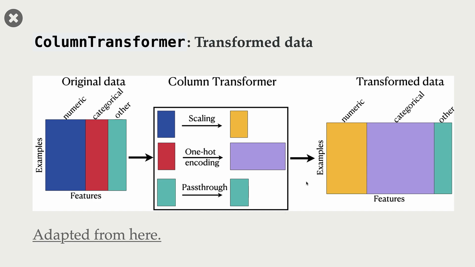So these all things are happening inside this column transformer. And this is our transform data. For numeric columns, the number of columns is going to be the same, but the data is going to be transformed. For categorical columns, the data is going to be transformed, as well as we are going to have more number of columns. For other columns, the number of columns remains the same and the data also remains the same.